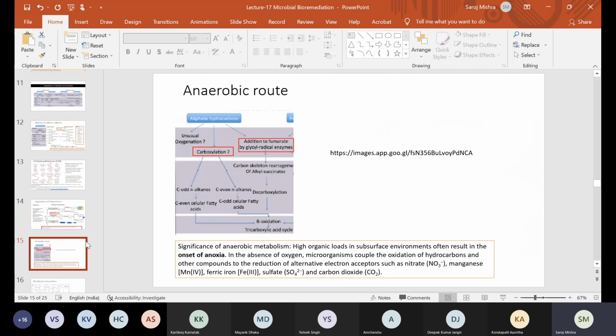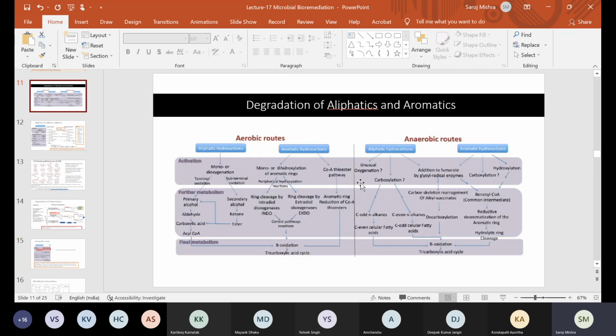Now, apart from this, when I projected a consolidated slide earlier, I'll very briefly go back to it. When we were talking about degradation of aliphatic and aromatic compounds, we also talked about bacteria adopting anaerobic routes, particularly in the surfaces just below the soil, where availability of oxygen is very limited.